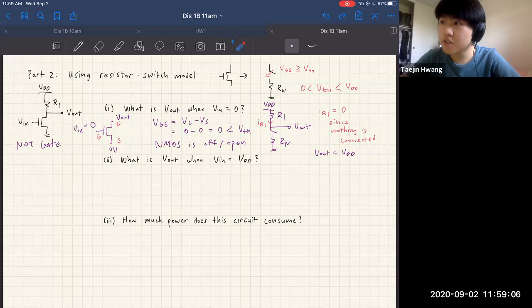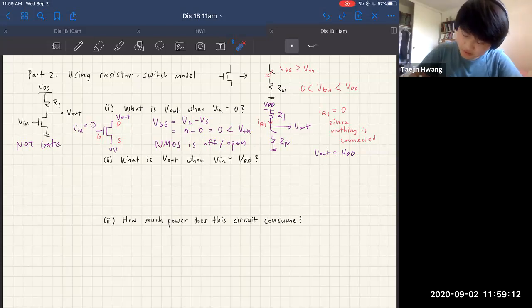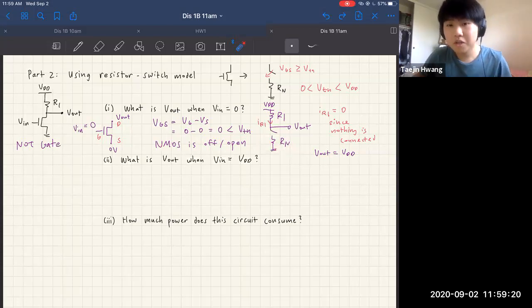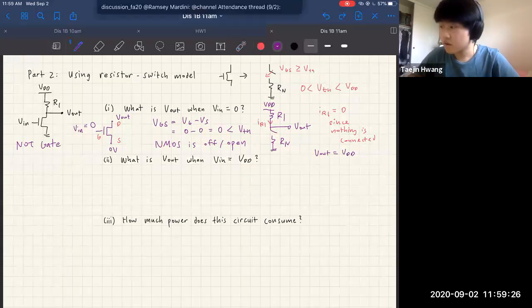Why do we consider the NMOS to be a resistor if the switch is off? The resistor is here, but nothing's connected to it, so it doesn't affect our circuit at all. But it'll be important in the next part where the switch is on, so I just left it there. Does that help?